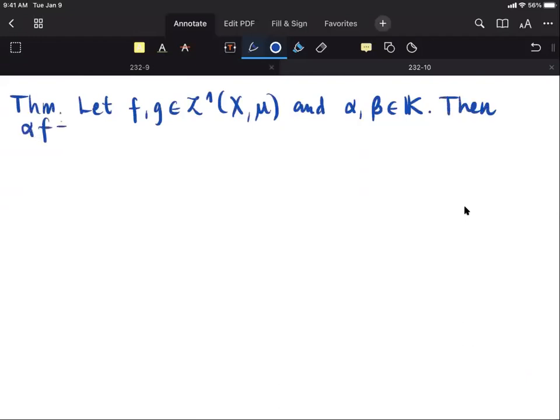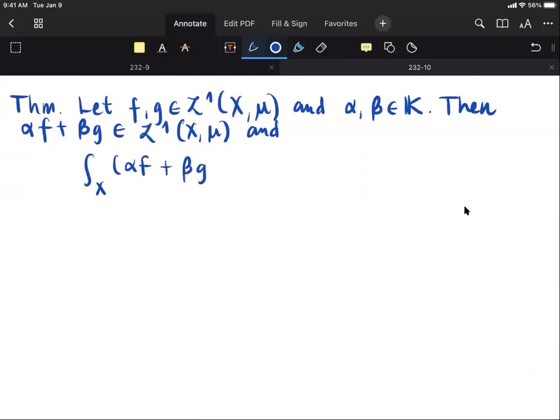Then the linear combination is also Lebesgue integrable, and the Lebesgue integral of the linear combination is the linear combination of the Lebesgue integrals.